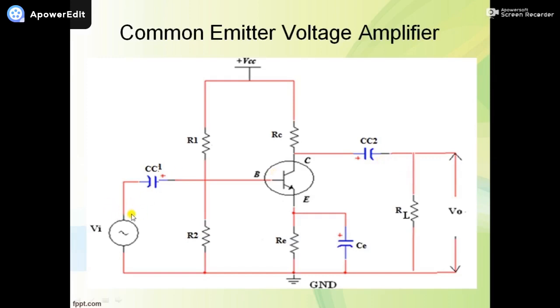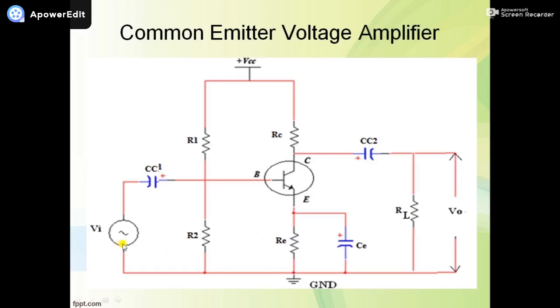Then during the negative half cycle of Vi, IC decreases with the negative sign, so at the output side you will get the positive part of the signal. So like this, with the help of this transistor, we are amplifying this input signal.